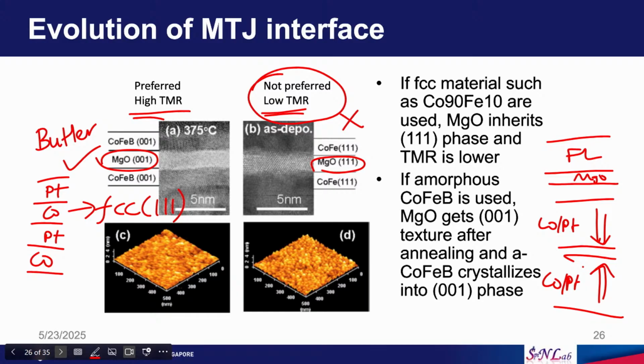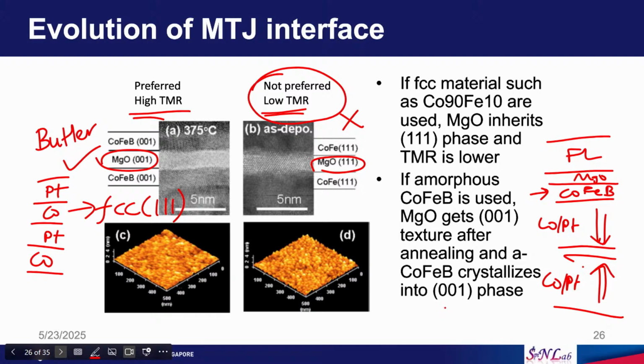Okay. So, at the interface I showed you that there is a cobalt iron boron. Okay. You can look at the slides later, but this is something I showed you before. I did not tell you the reason why we have this cobalt iron boron, because that time it was too early to discuss that.